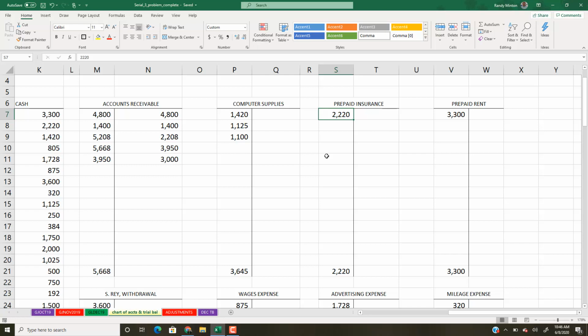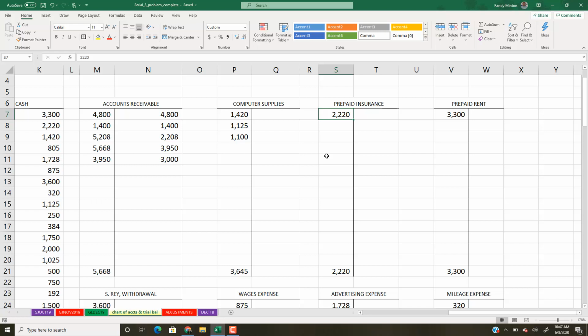If I make a change, then I'm entitled to some of those funds back. In the account, it shows me with $2,220. However, I bought a 12-month policy on October the 1st, and now we're December the 31st. So I've used up October, November, and December of those 12 months, or 1/4 of the amount that I originally purchased.